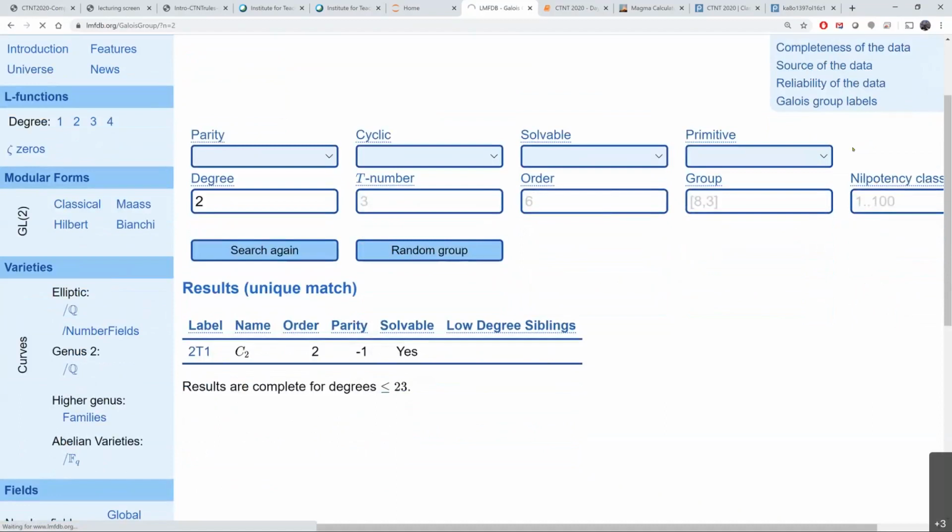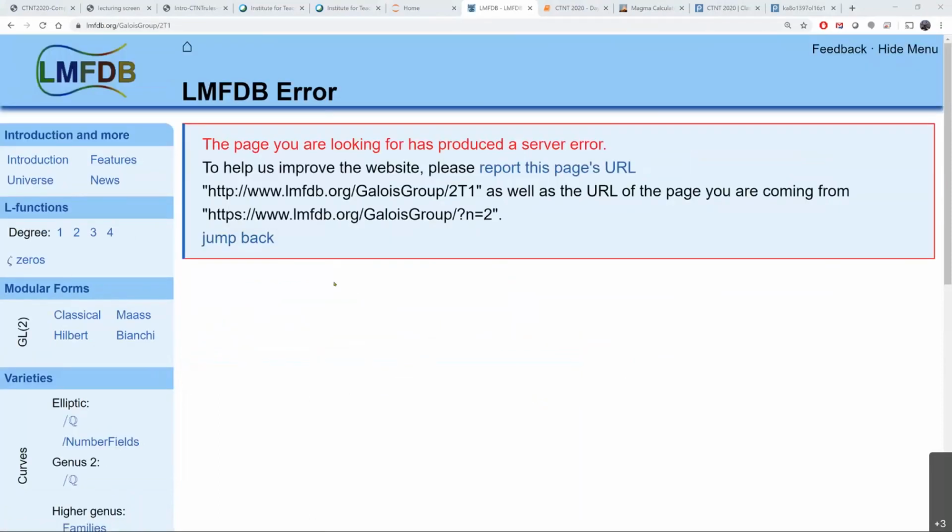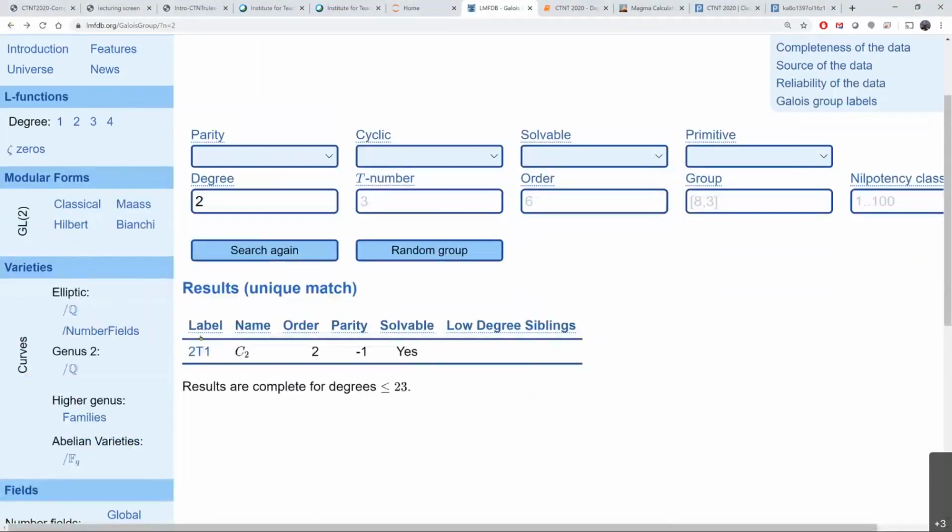By the way, again, let me know if you have questions at any point. LMFDB is taking sweet time to get information about Z mod 2. All right. Let's see. There was just something bad with the connection.